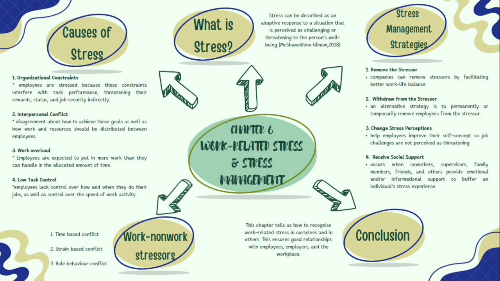Next is strain-based conflict. It occurs when stress from one domain spills over to the other, such as financial difficulties. Third, role behavior conflict. It occurs when people are expected to act differently at work than in non-work roles. At the workplace, act logically and impartially, but show more compassionate behavior in personal lives. Stress management strategies.